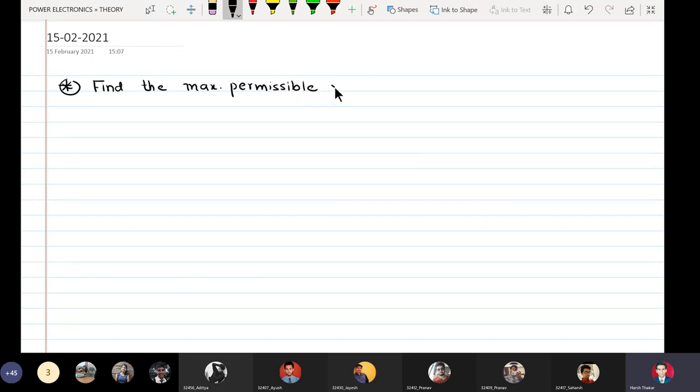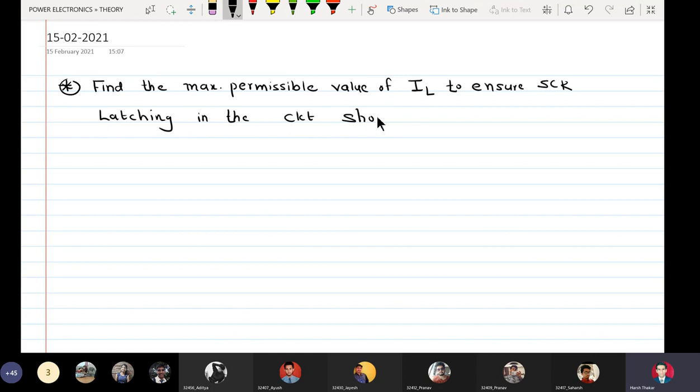Find the maximum permissible value of IL to ensure SCR latching in the circuit shown below.